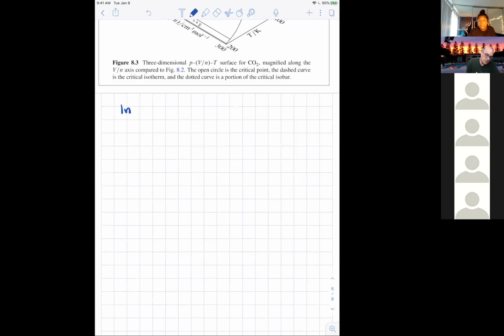What we usually do is go to a 2D diagram, and depending on what we want to look at, we fix different variables.